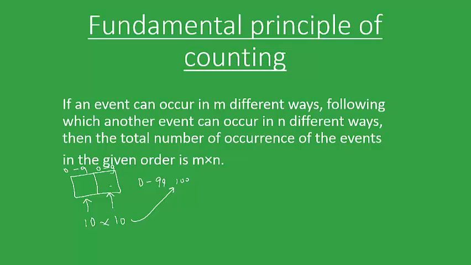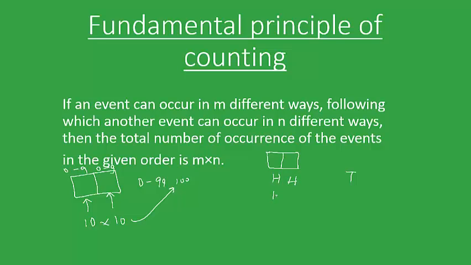To verify this, let's take a simpler example. Say we toss two coins. Let's write down the possible outcomes. The first coin when tossed can result in a head or a tail, and the second coin can also have a head or a tail.